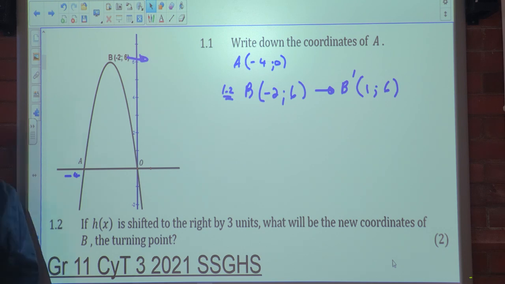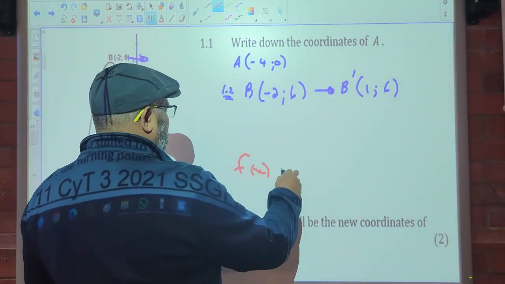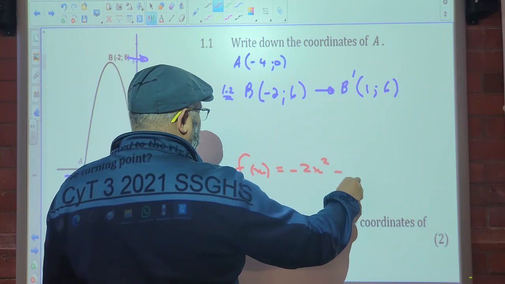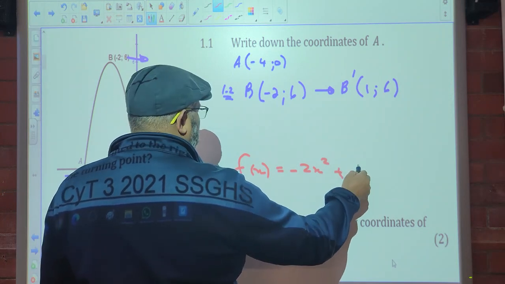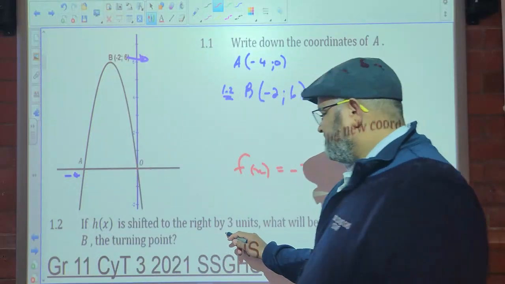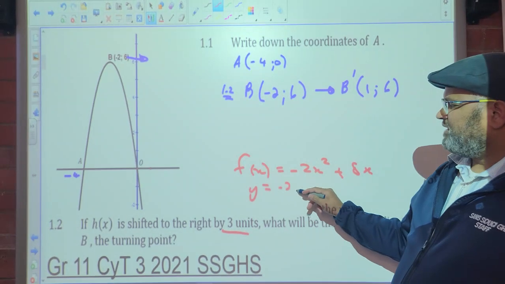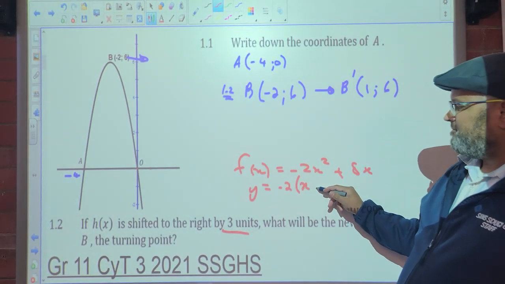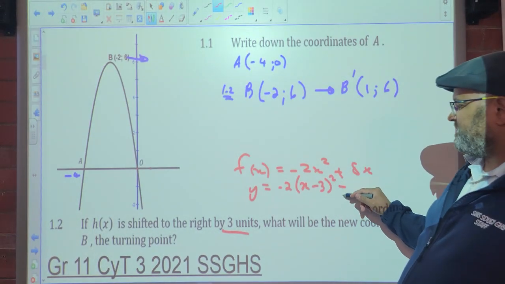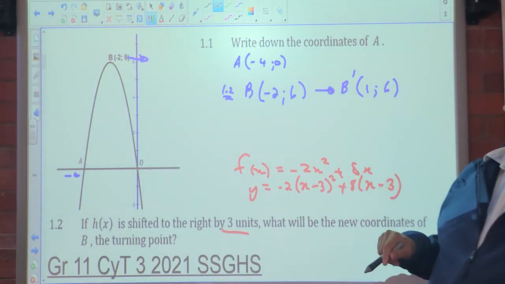No, you minus it on the equation, when you set up the equation. So for argument's sake, if the equation was f of x equals negative 2x squared plus 8, and it says 3 units to the right, then you say y is equal to negative 2 into (x minus 3) squared plus 8, and then you multiply that out.